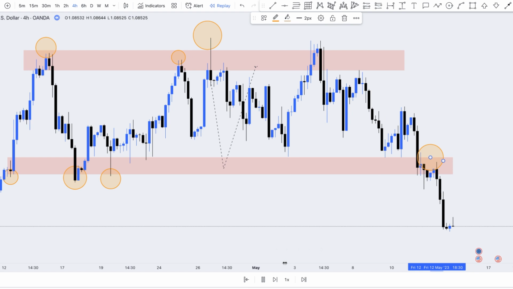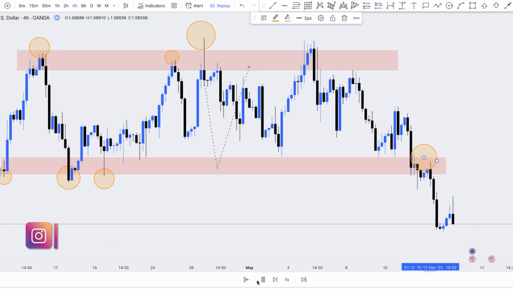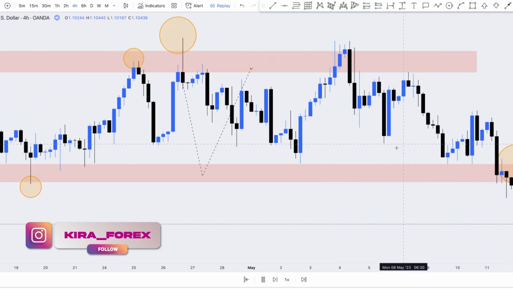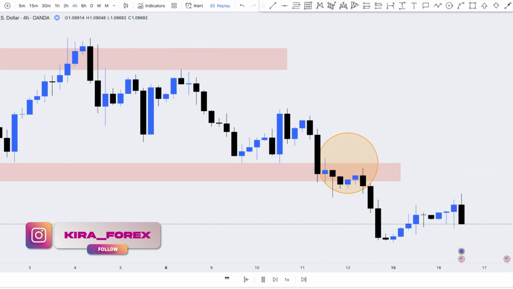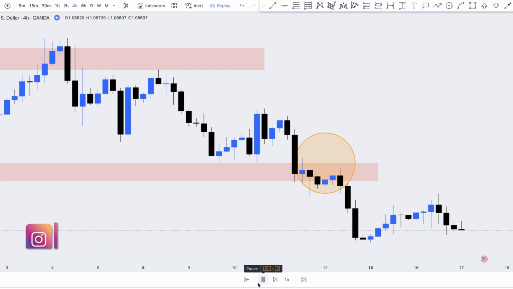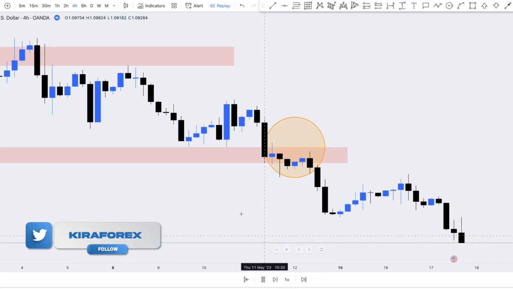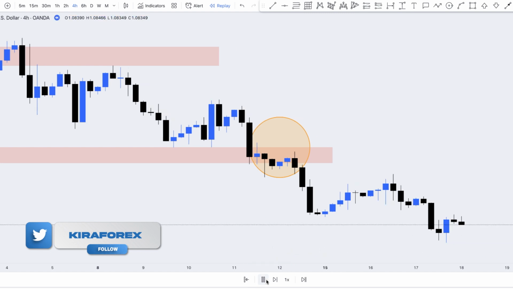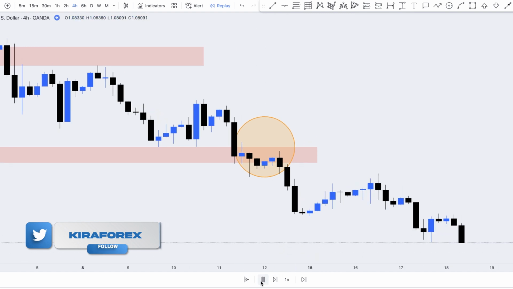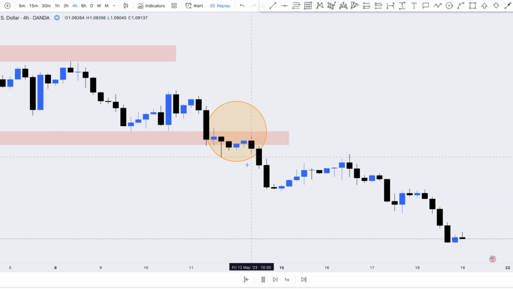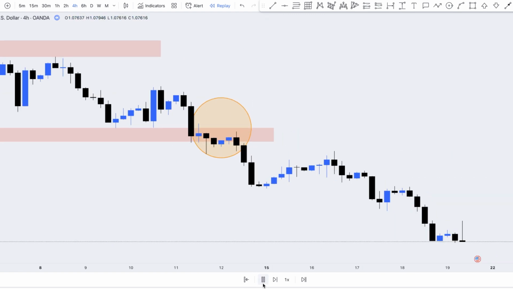Immediately we had a retest on the resistance level, then price started moving to the downside. Now that is also another rule you need to consider when drawing your support and resistance level. So you can see the movement to the downside after we had a retest back on the support level.